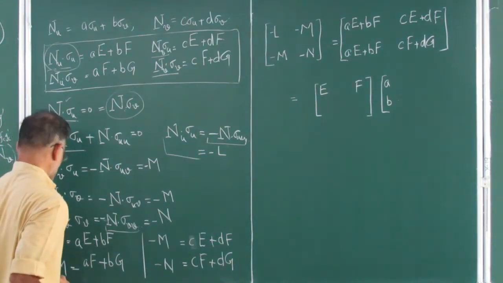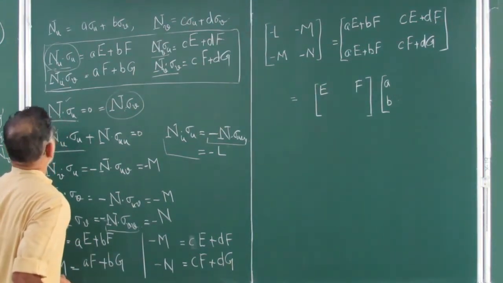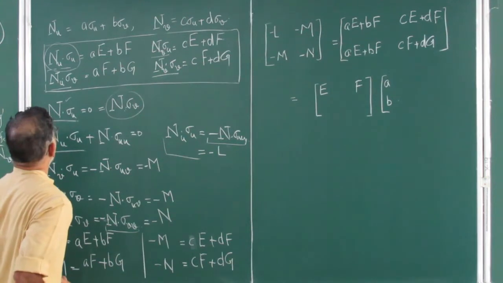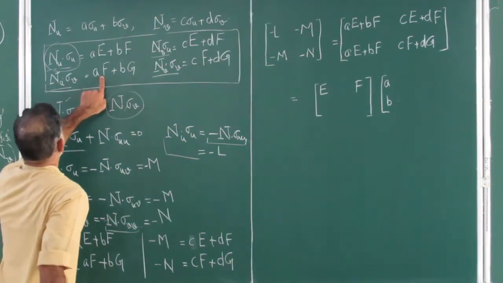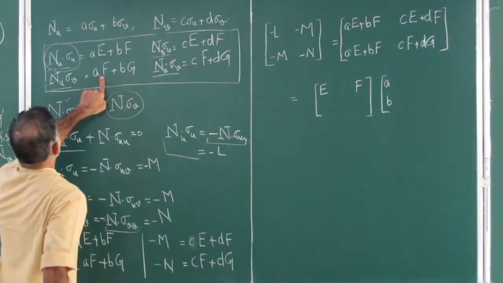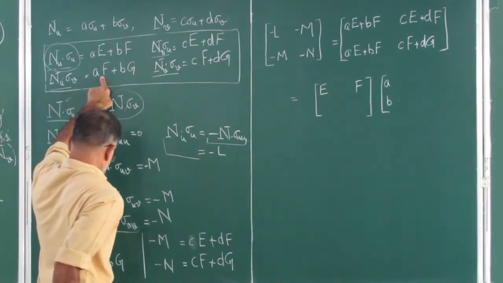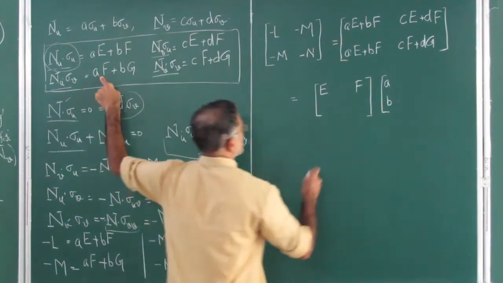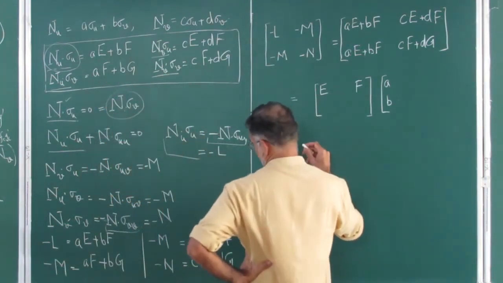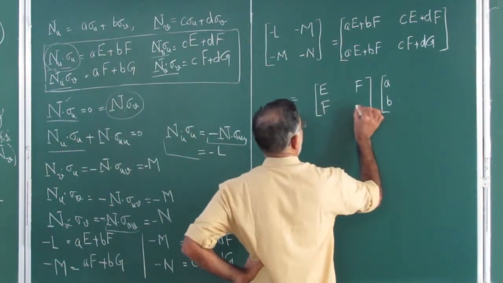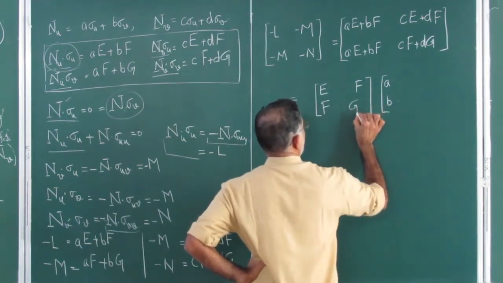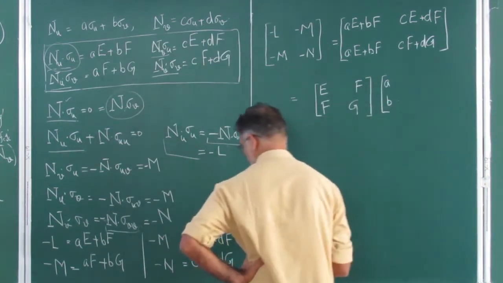Minus m AF plus BG. AF plus BG. Okay. So F G, that's correct. AF plus BG, that's correct.